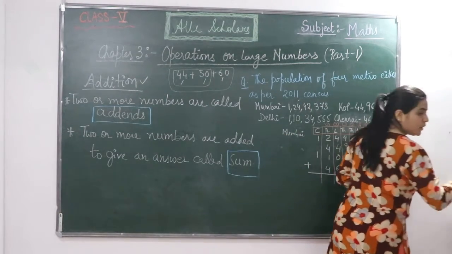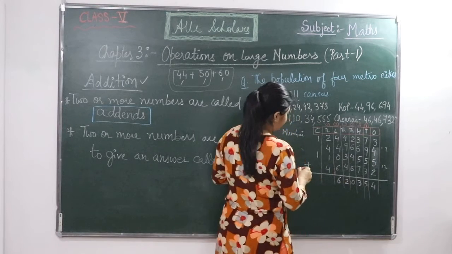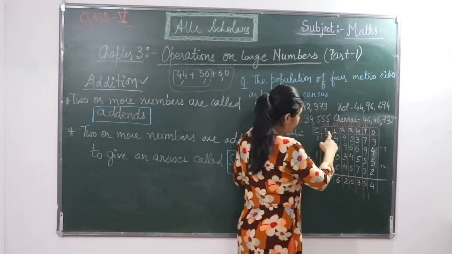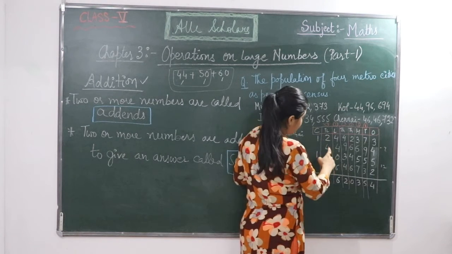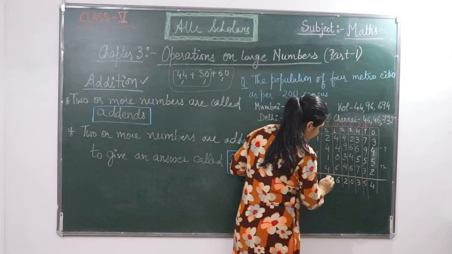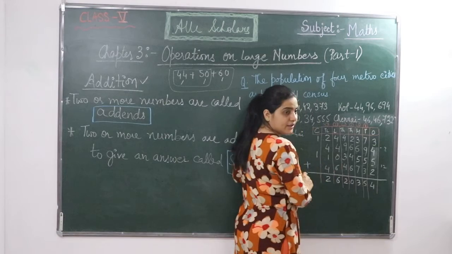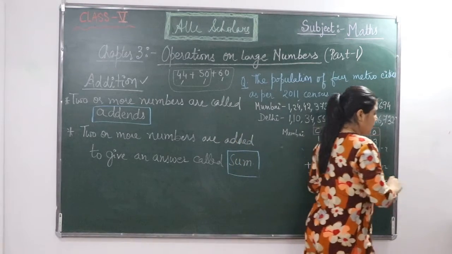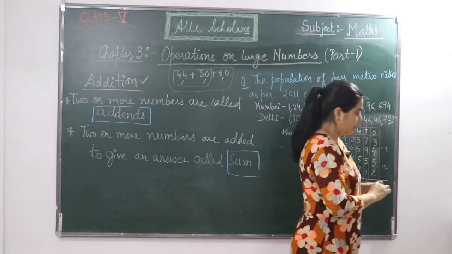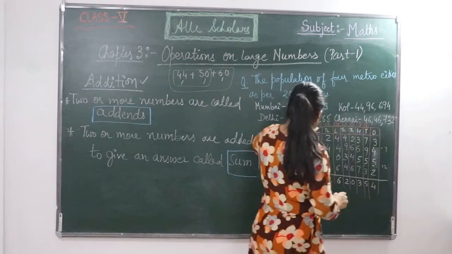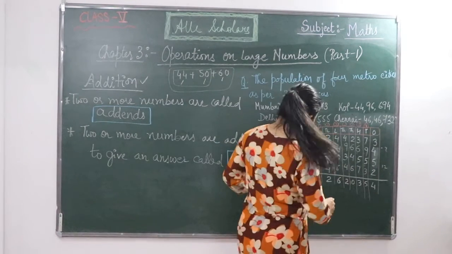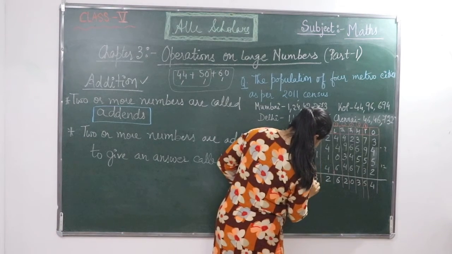Here goes 1 as a carry. So now next, 1 plus 2, 3. 3 plus 4, 7. 7 plus 1, 8. 8 plus 4 gives you 12. So here will come 2. 1 will go as a carry at the place of crore. So 1 plus 1, 2. 2 plus 1, 3. So here we will get 3.